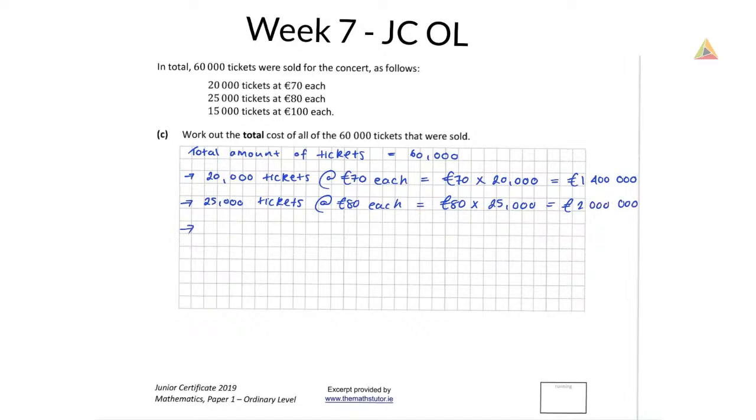And the last piece of information we're given there is 15,000 tickets at €100 each. So that's going to be 100 by 15,000. When you multiply 100 by 15,000, you will get 1,500,000.